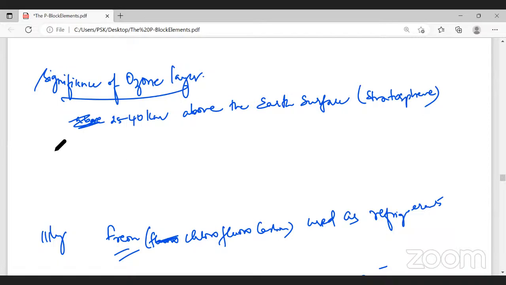It absorbs UV radiation. Like this, oxygen will absorb UV light to form ozone.